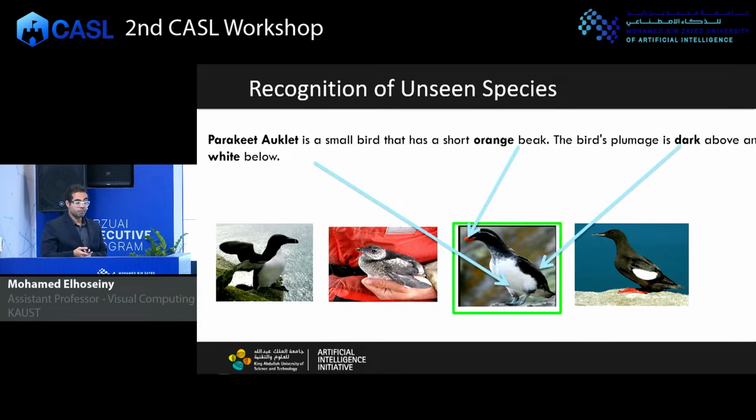So similar to how we were able to just right now recognize this species, even though we may not have known about it before, it could be desirable to build machine learning methods that have a similar skill.